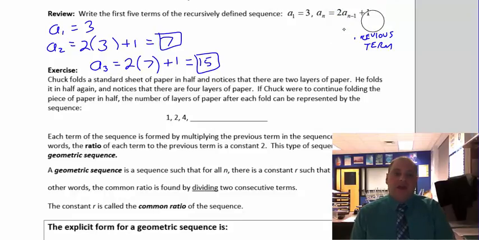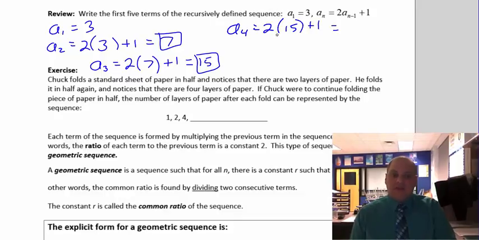Okay, now I can do a4. A sub 4 is going to be 2 times 15 plus 1, and that's going to be 31. And then a sub 5 is going to be 2 times the previous term, which was 31. 2 times 31 plus 1, so that's 62 plus 1, which is 63.